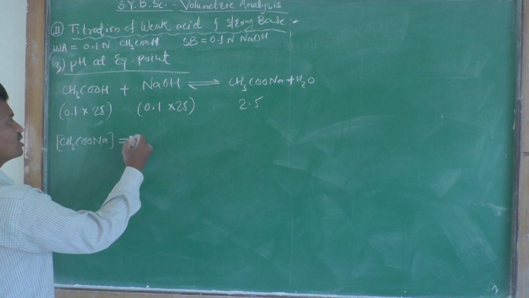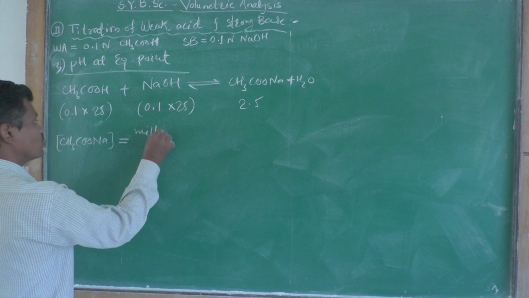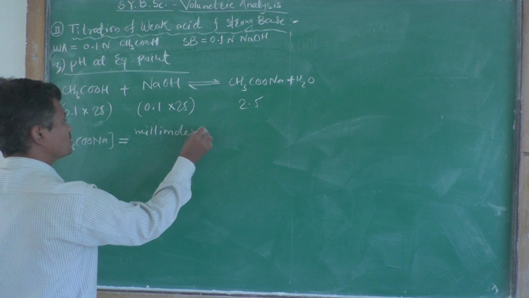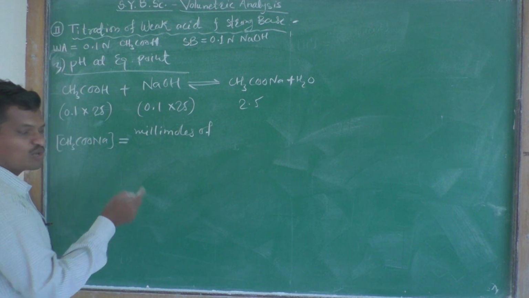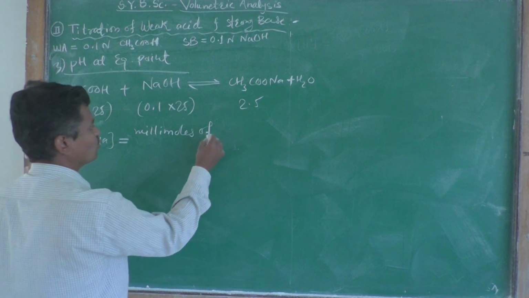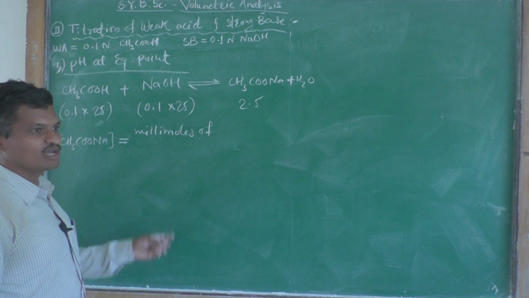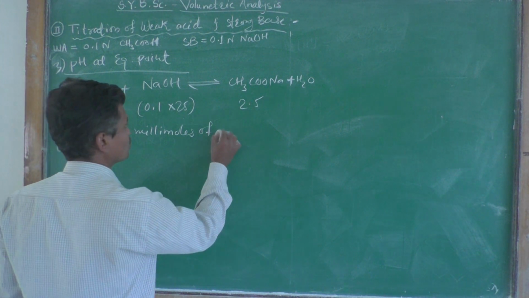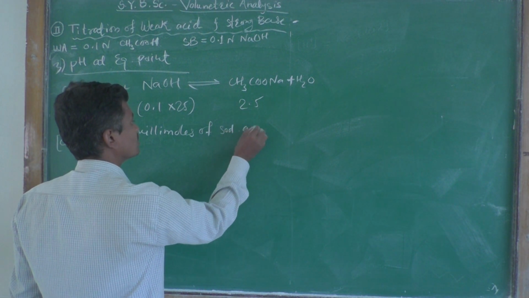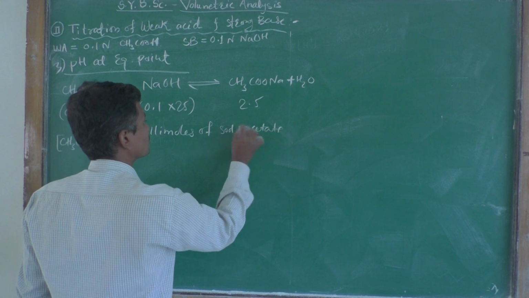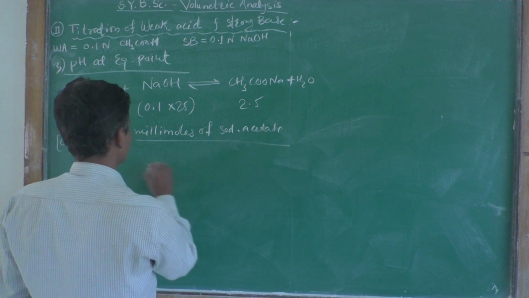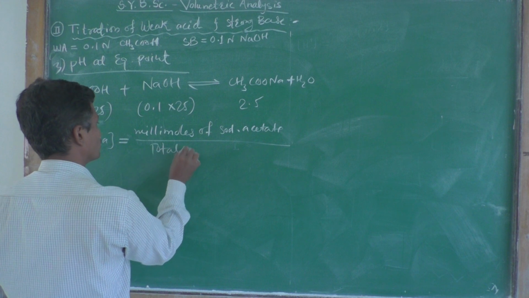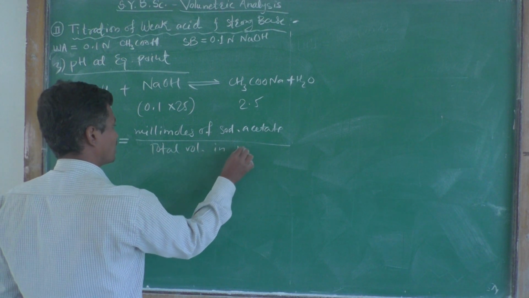So the concentration of sodium acetate, CH3COONa, that is the concentration of salt at the equivalence point, can be calculated using the formula for molarity: millimoles of sodium acetate formed divided by total volume in ml.